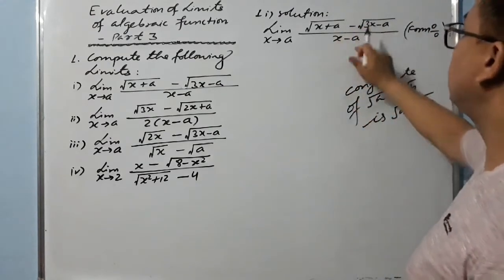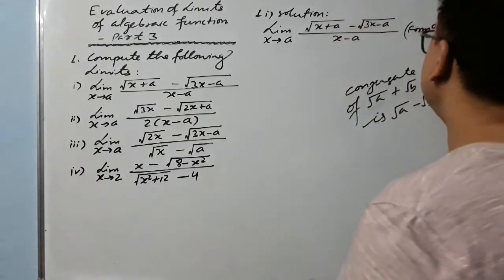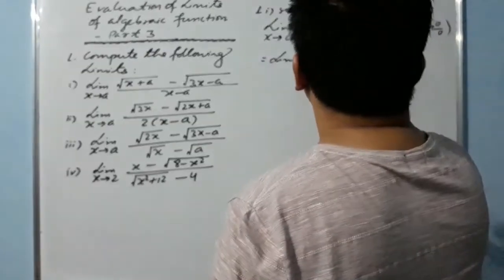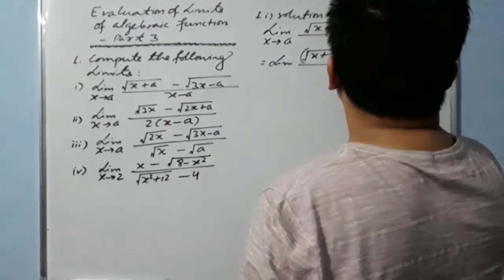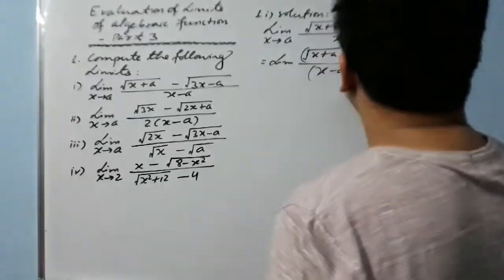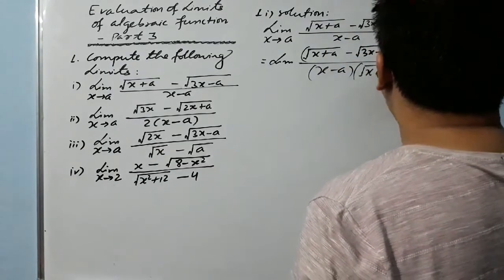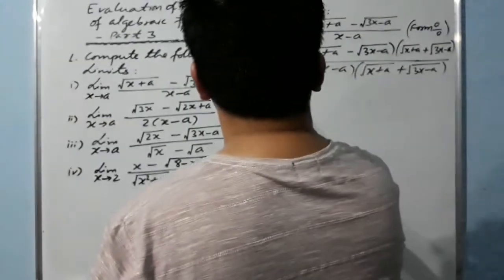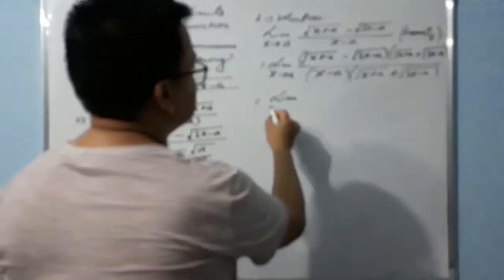So here we have to multiply up and down by the conjugate of the numerator. This is equal to the limit of, just multiply up and down: root x plus a minus root 3x minus a, into the conjugate, root x plus a plus root 3x minus a, over x minus a into root x plus a plus root 3x minus a. Now as x tends to a.